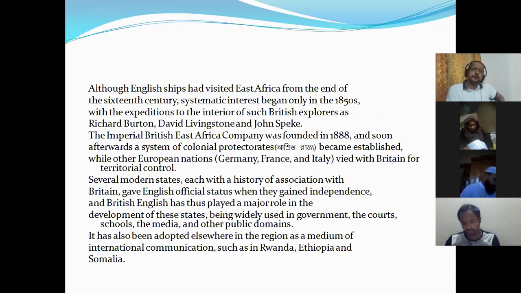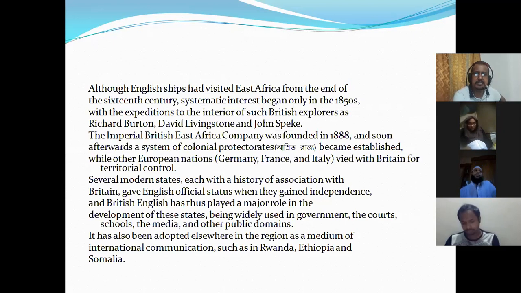So although English ships had visited East Africa from the end of the 16th century, systematic interest began in the 1850s with expeditions into the interior by British explorers such as Richard Burton, David Livingstone, and John Speke. These are the British people. They came over to the African continent.